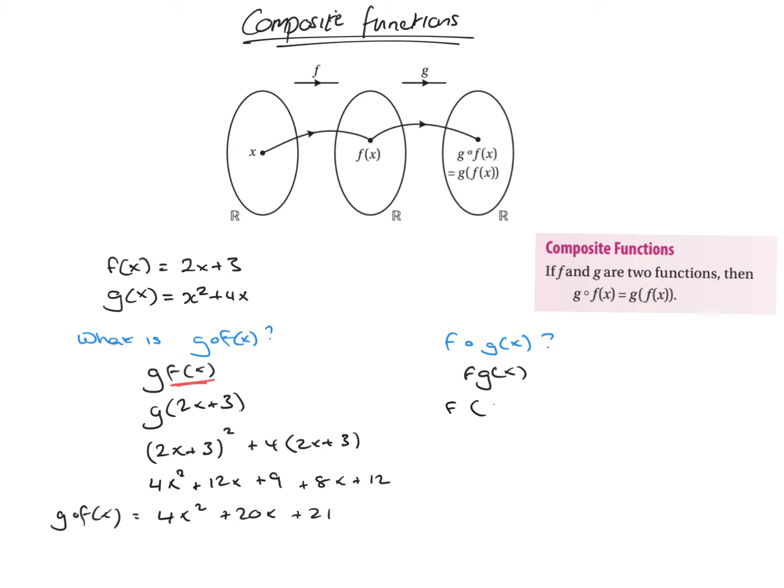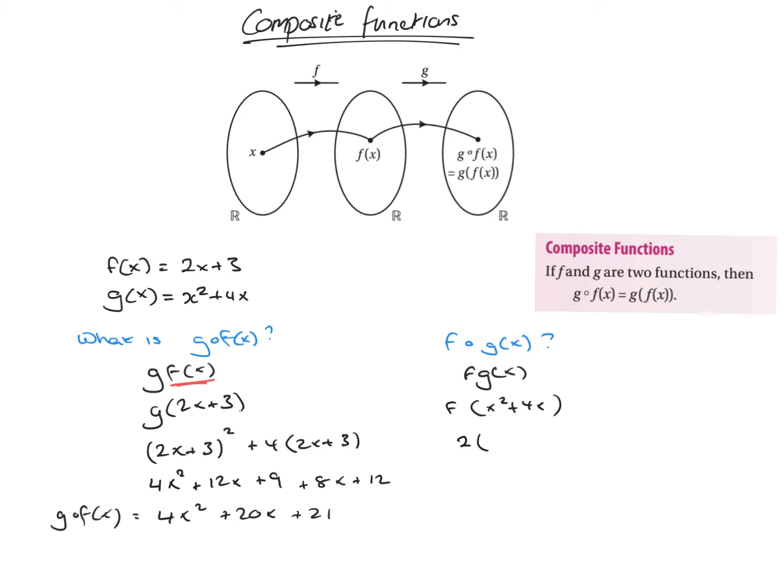So f of x squared plus 4x, and that's now going to go through my f function. So wherever I see an x in my f function here, I'm going to replace it with x squared plus 4x. So 2, the x is going to be replaced by this, and we have the plus 3 at the end.